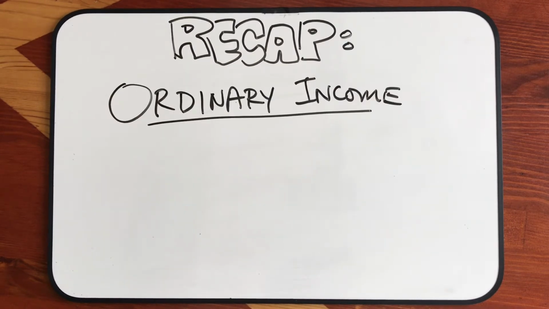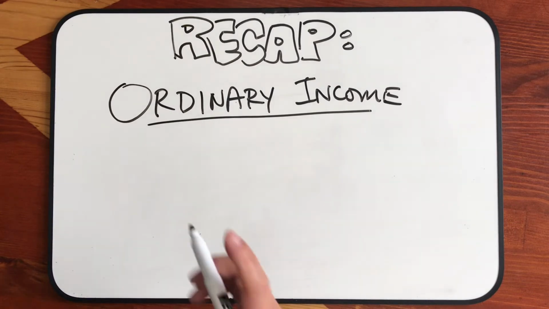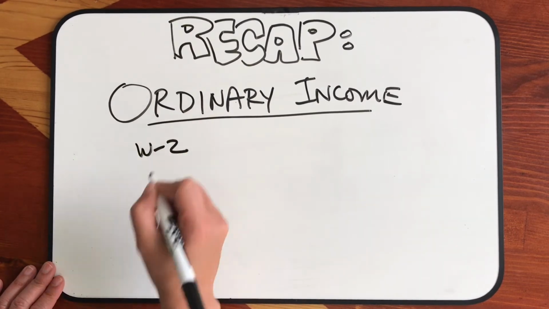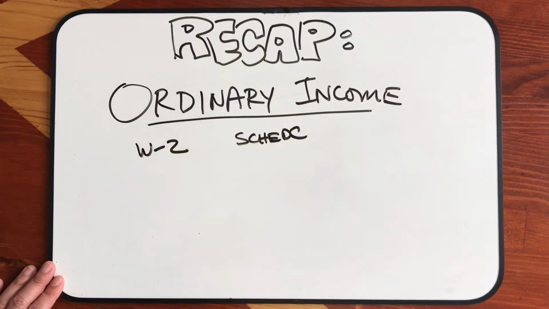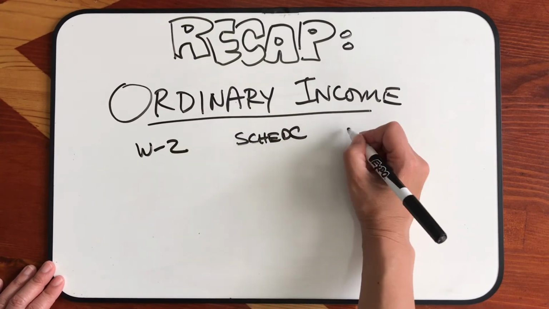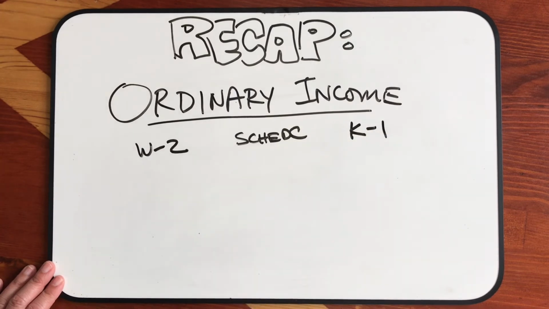So to recap, ordinary income consists of W-2 wages, self-employed Schedule C wages, and K-1 profits from your pass-through entity, whether it's an S-Corp, an LLC, or a partnership.